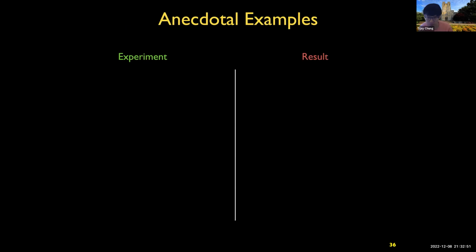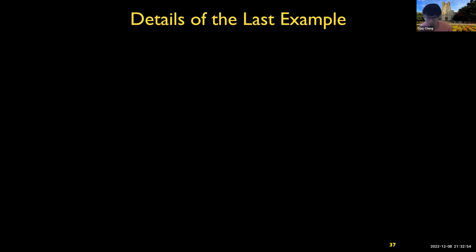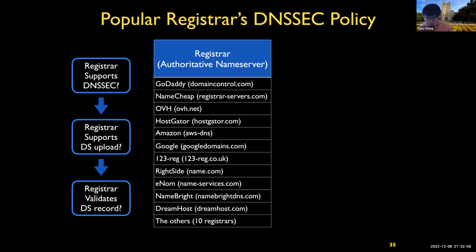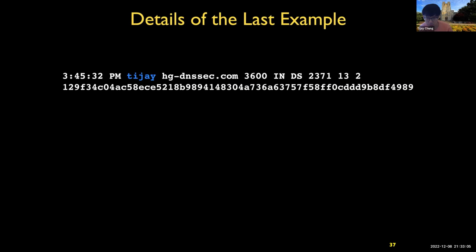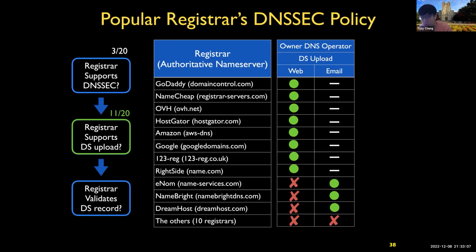So let me pass it. And also, oh, sorry. And also, if we decide to run our own name server, which is the owner DNS operator case, surprisingly, we found that 11 out of 20 are willing to accept the DS record and pass it to their registry, which is really great, right?